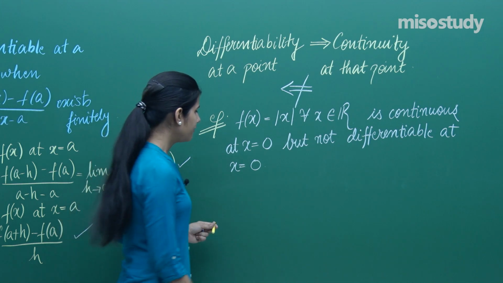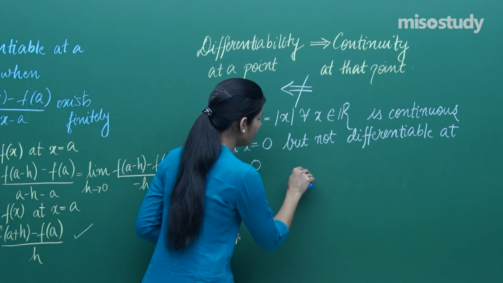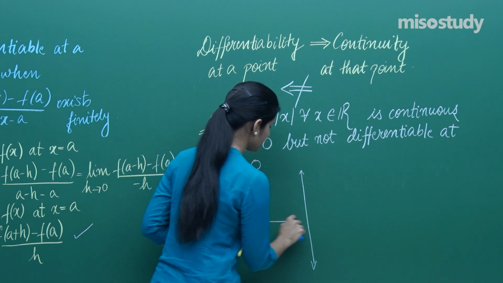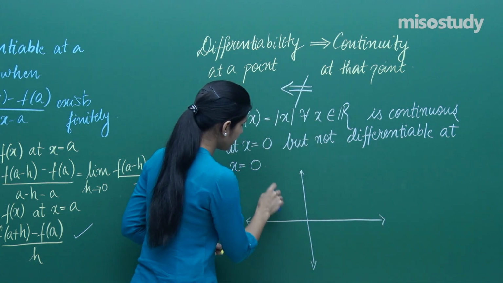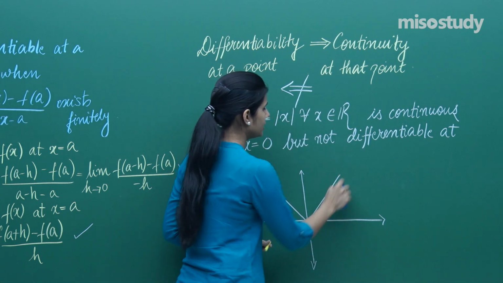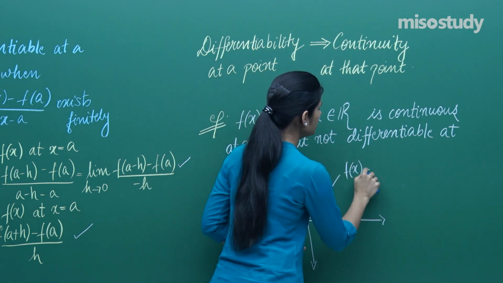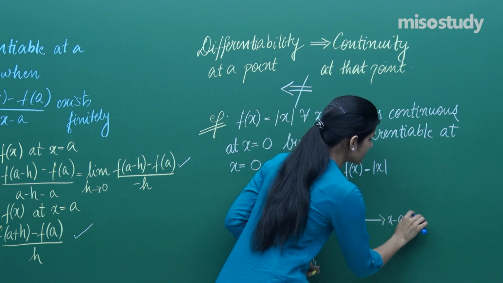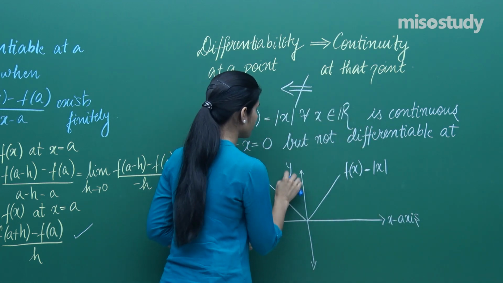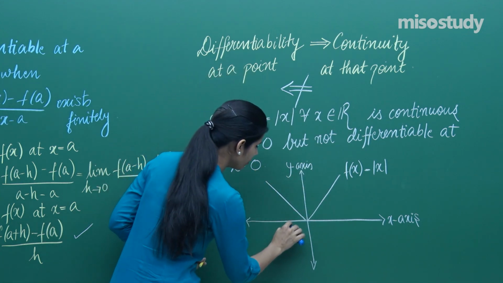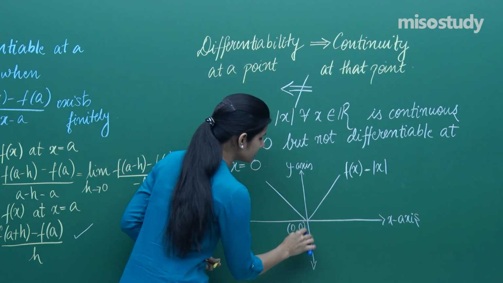Fine. If I make you recall the graph of the modulus function, the graph of the modulus function was like this. This is the graph of f(x) equals mod x, where this is your x-axis and this is your y-axis. Fine. And this is your (0, 0).